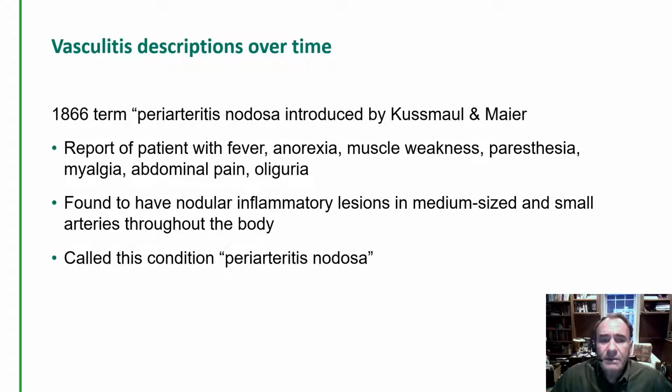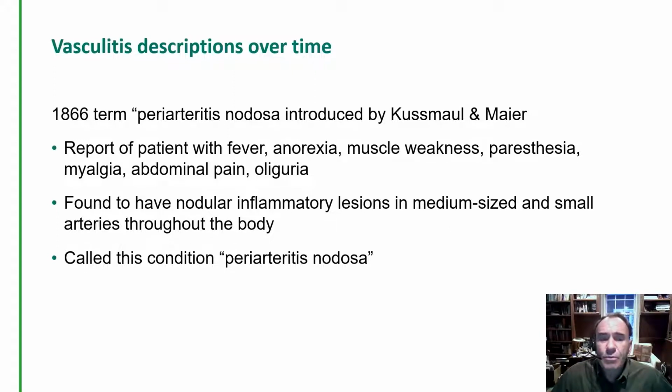Over time, vasculitis has had different descriptions, and the first one that was really in the published literature was in 1866, when the term periarteritis nodosa was introduced by Kussmaul and Mayer. Kussmaul is a name you might recognize, as his name was attached to a number of different conditions and physical findings.